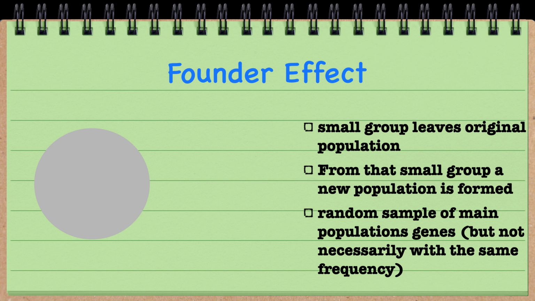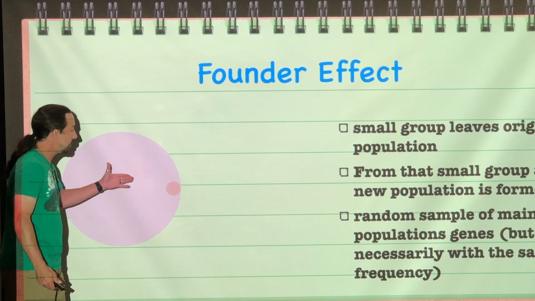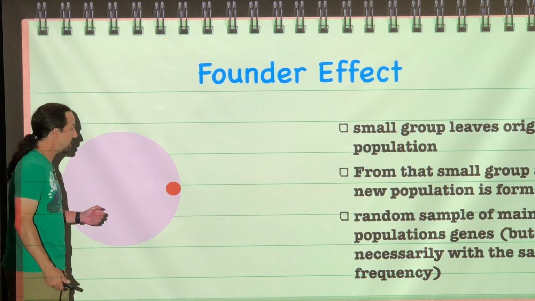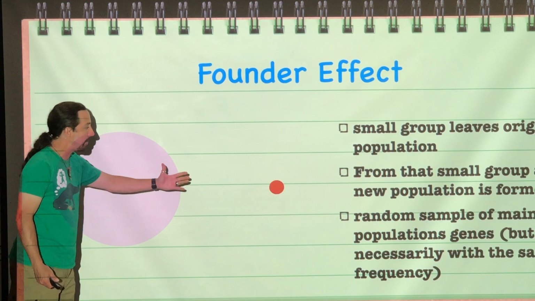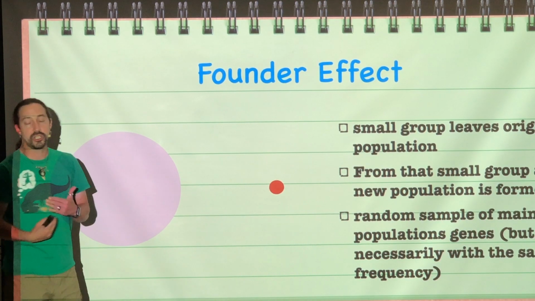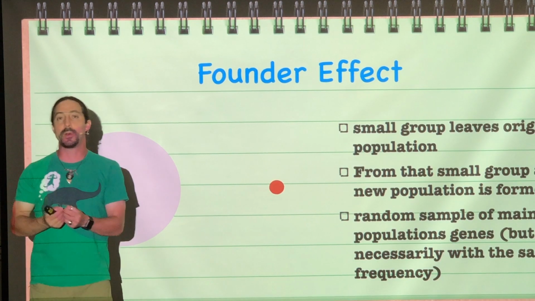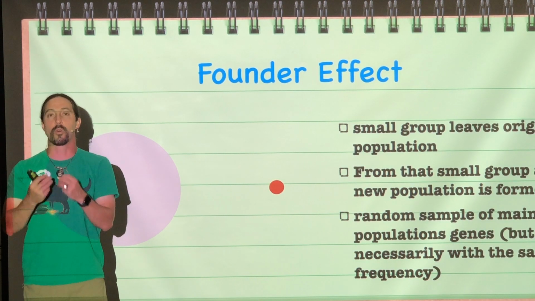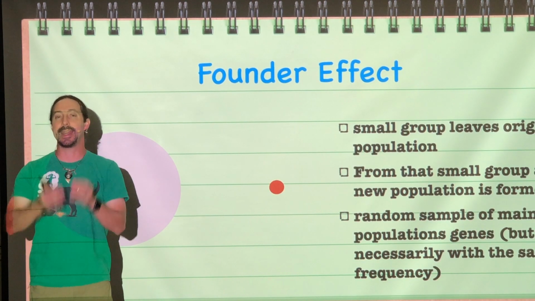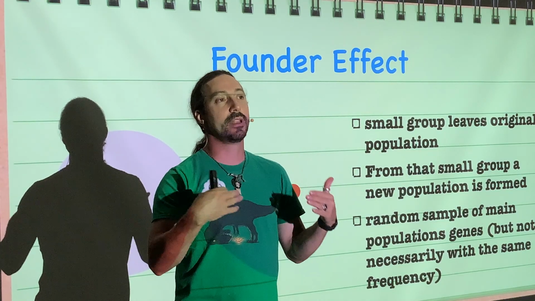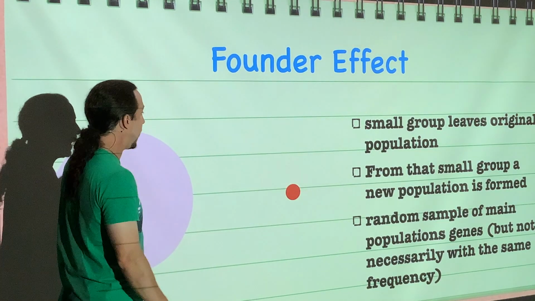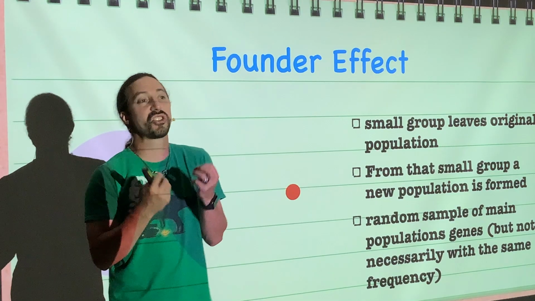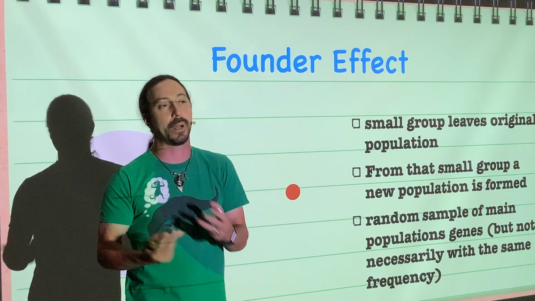The founder effect works where we have a small group which is going to leave the original population. And when it leaves the original population, the issue is the allele frequency within that small group probably does not exactly match the allelic frequency in the main group because it's a small subset of our main population.